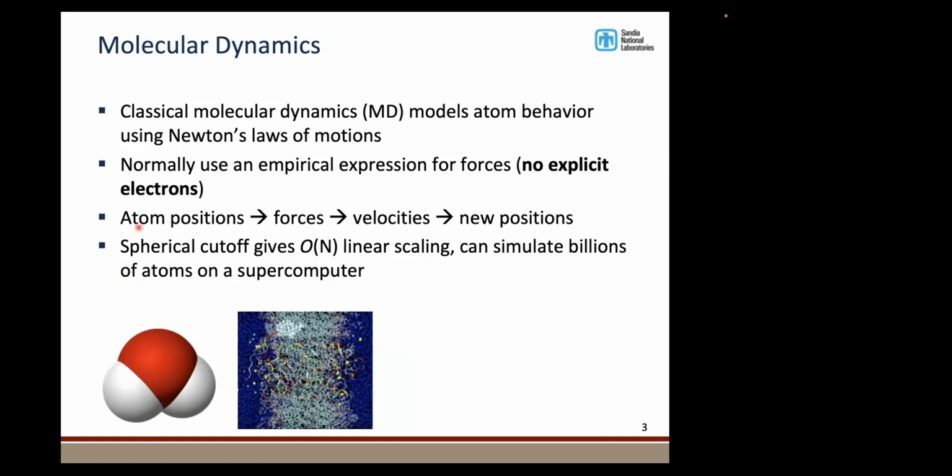We first start out with atom positions, and then we can use this empirical expression to get the forces, and then we can time integrate to get velocities and new positions and step through time. Because we use a spherical cutoff, we have linear scaling, which is proportional to the number of atoms, and so we can simulate billions of atoms on a supercomputer.